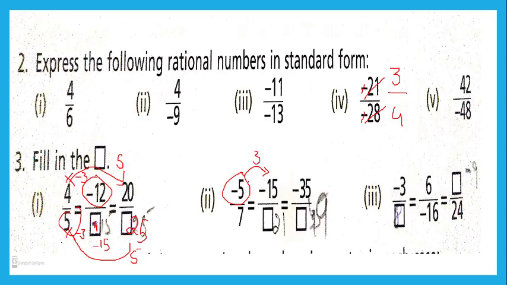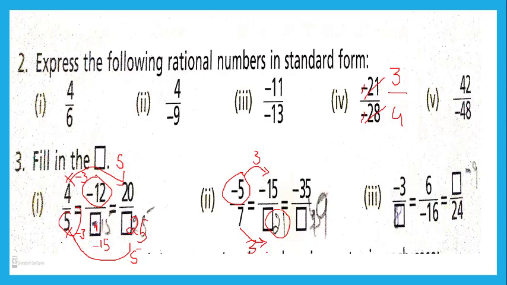Alright, 5 multiplied by 3 is 15, minus with plus becomes minus. So similarly we need to multiply this 7 with 3. So 7 multiplied by 3 is 21. So we need to write 21 in this box.